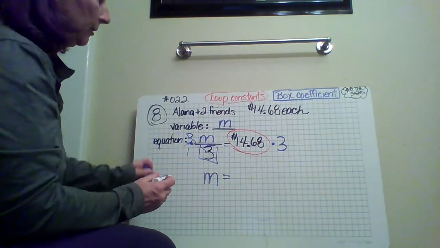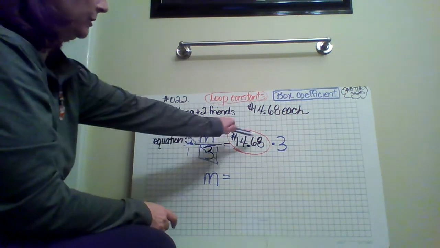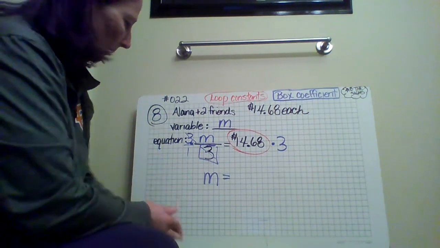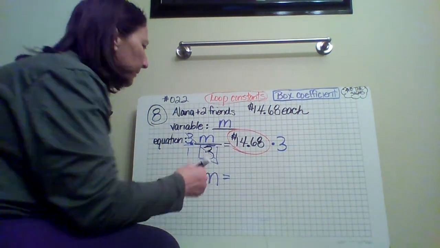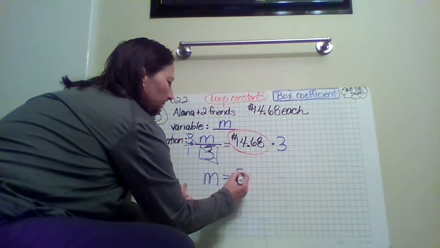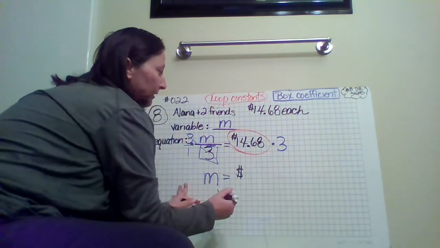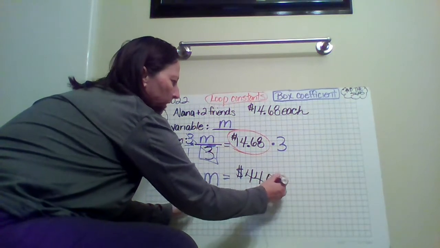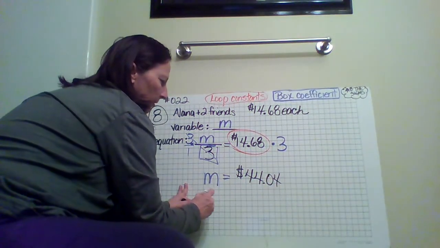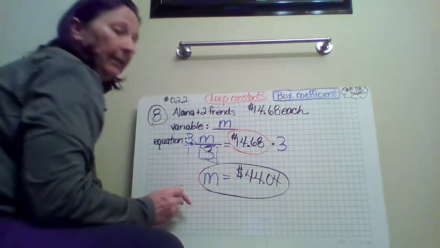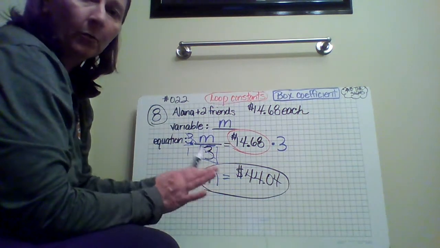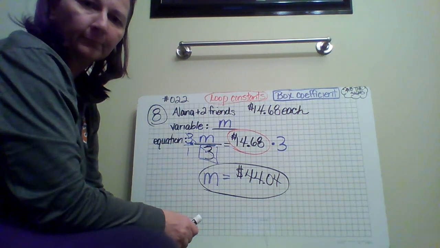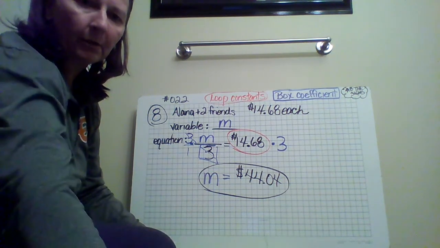So then all I need to do is multiply 14.68 times 3. Go ahead and do that. If you did that multiplication, you should have found out that 14.68 times 3 is $44.04. So the solution is that. And I always loop the solution to an equation. All right, get that written down. Let's go to number 9.